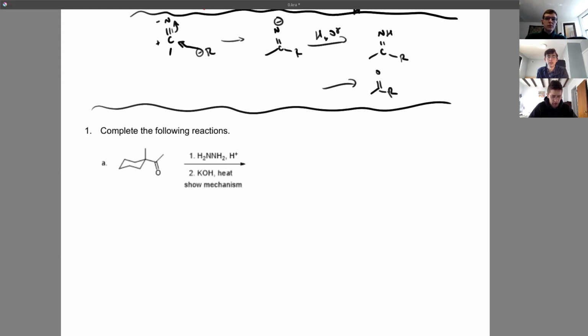Yeah, he just kind of shows it from the oxygen of the carbonyl just being a nitrogen now. So we first have to make the ketone into an imine.